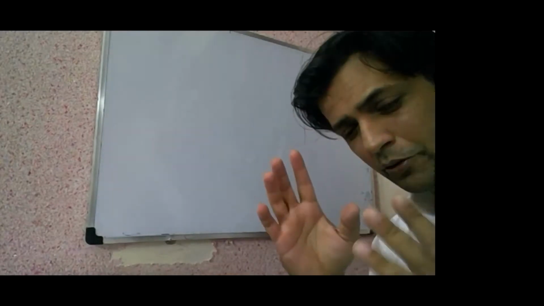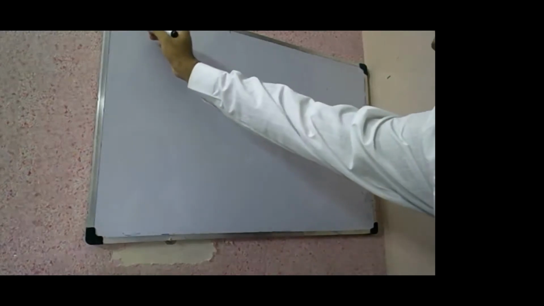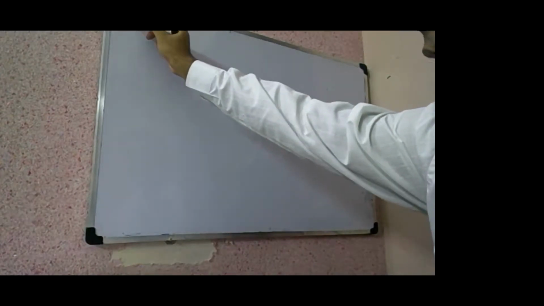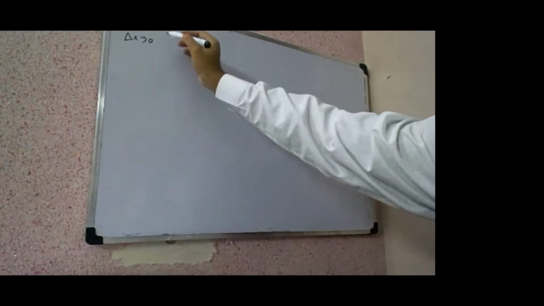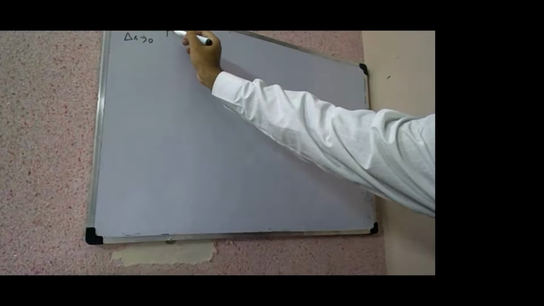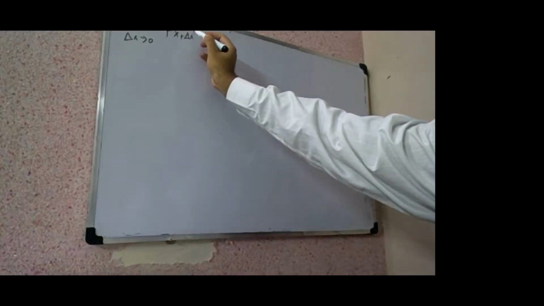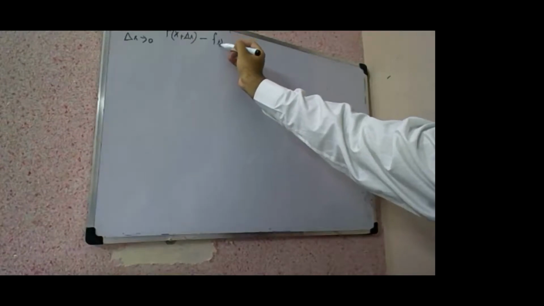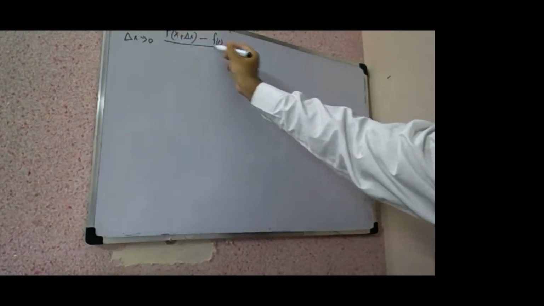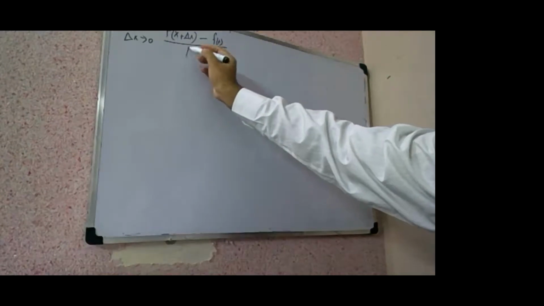It's better because then you don't need time to write it, and you can focus on understanding it. So I can write this main formula, main theorem here: limit delta x tends to 0, function of x plus delta x, that's y2, minus function of x, that's y1, divided by change in x.